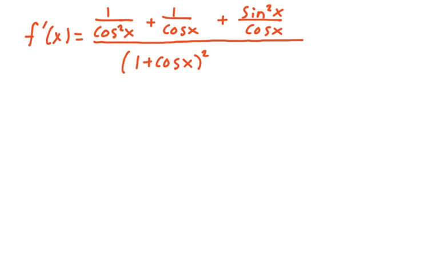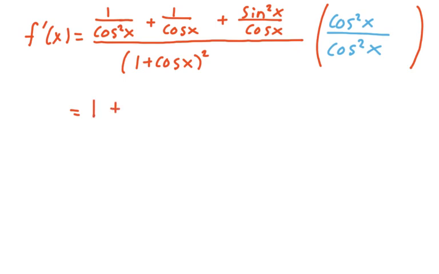Just one final step. I'm going to multiply the numerator and denominator by cosine squared x divided by cosine squared x. Why do I do that? The reason why I do that is because I want to clear that fraction. And so my last step, I'm going to write 1 plus, right, because I'm taking this term in the numerator times cosine squared x.